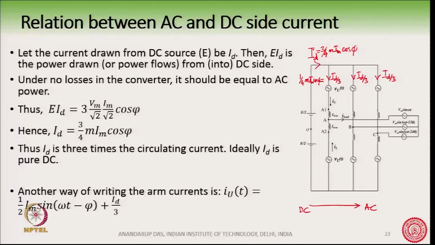So, E times ID, E times 3/4 m I m cos phi, is the power taken from the DC source, and this 3 V I cos phi is the power which is flowing to the AC side. So, by knowing this also, we will be able to find out what the DC current is.